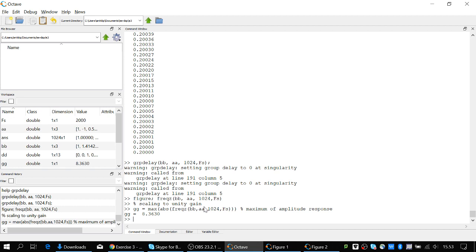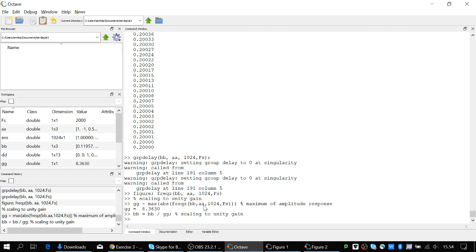And next step, we just multiply the whole thing with this one, meaning practically you divide the numerator coefficients with this number. So BB equals BB divided by gain. This is the scaling to unity gain.